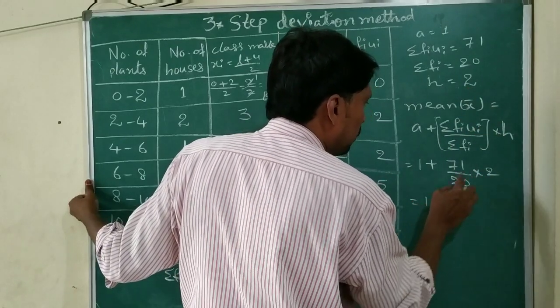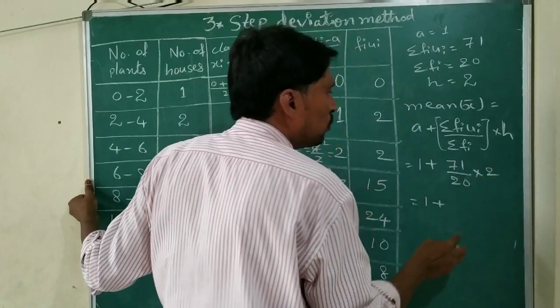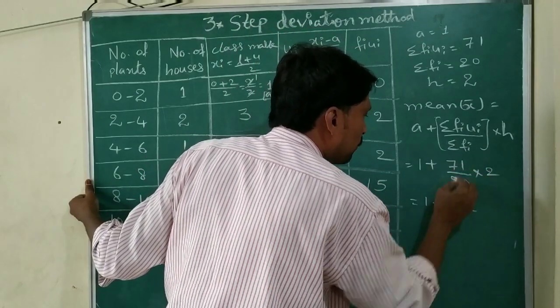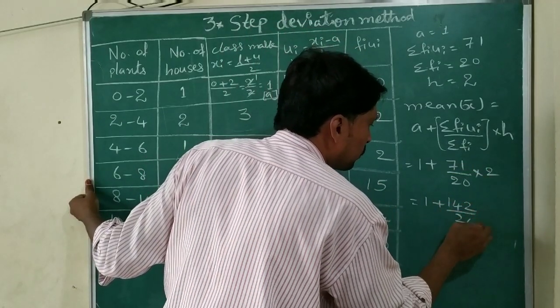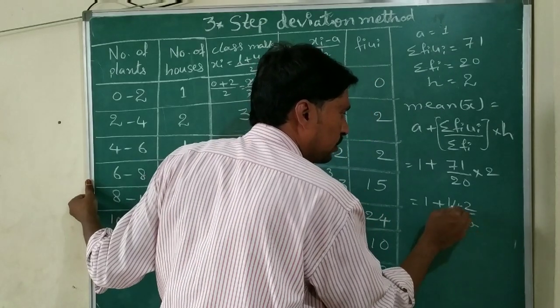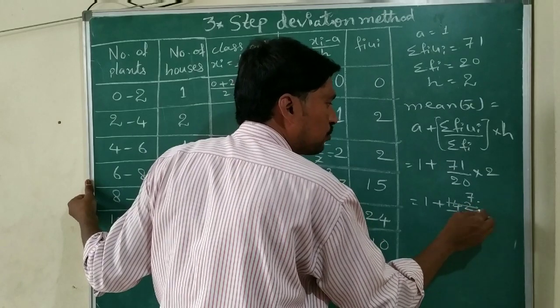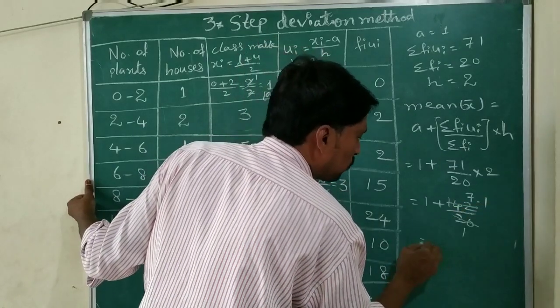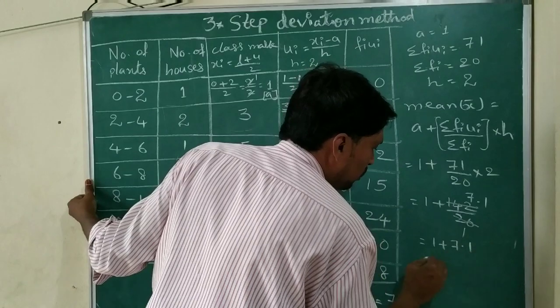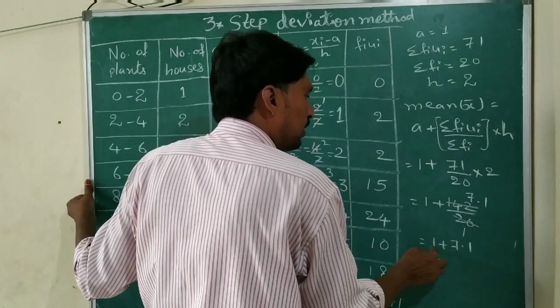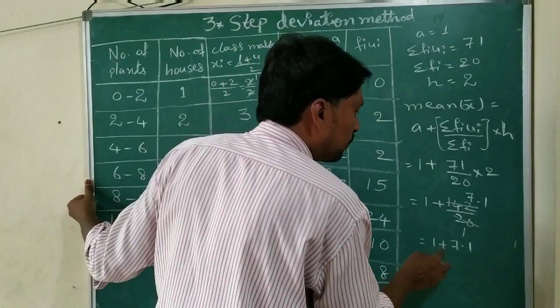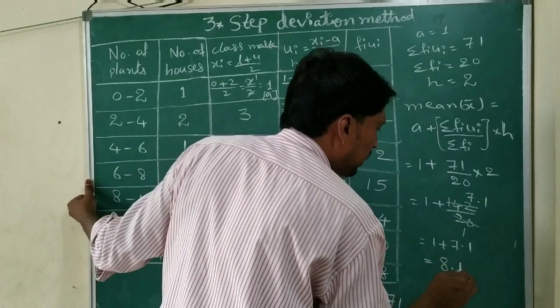So 1 plus, multiplying 71 into 2 gives 142, by 20. Cancelling, 20 sevens are 140, so we get 7.1. So 1 plus 7.1: the integral part, 1 plus 7, is 8, and the decimal part stays as it is.